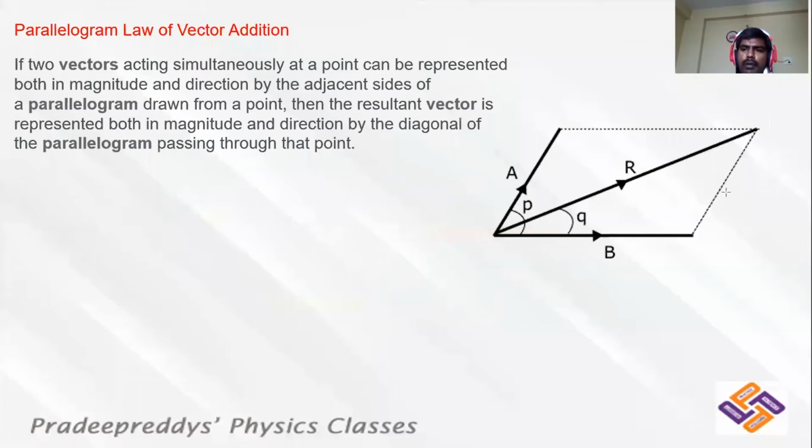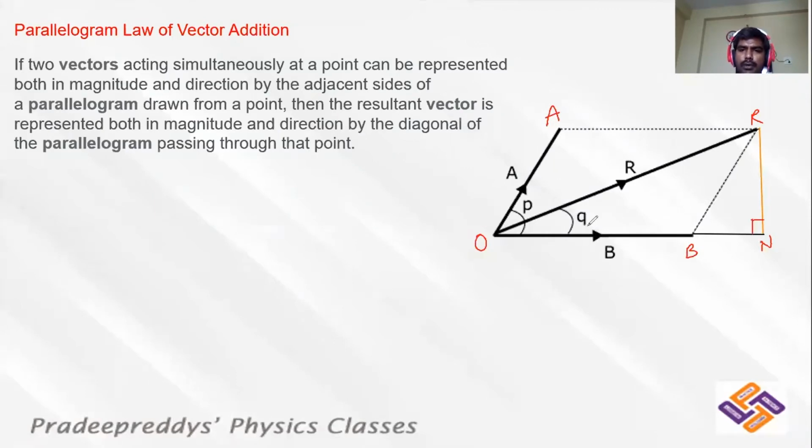I'll just drop one perpendicular from here. And one more, I'll extend it from here. I have dropped one perpendicular and I'll denote these with some points. I'll name them O, this is A, it is B, this is R, let me take this as N, and it is perpendicular.